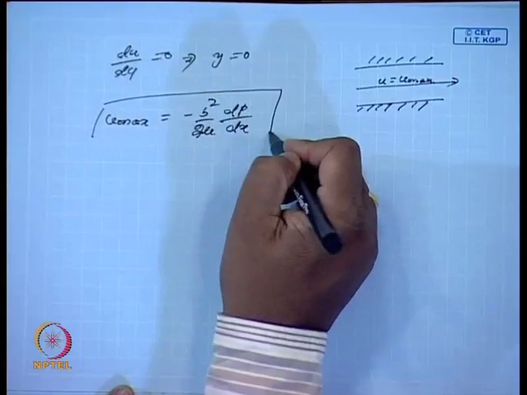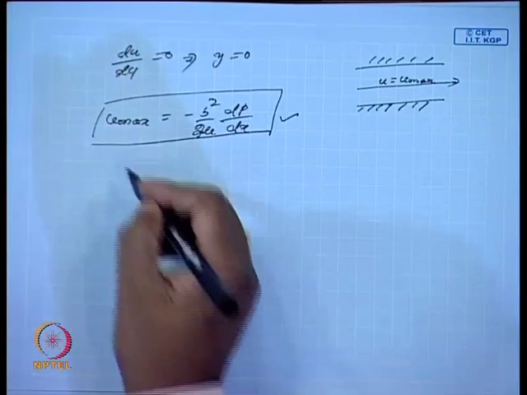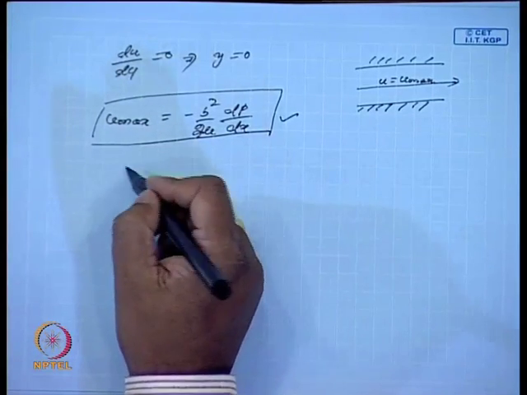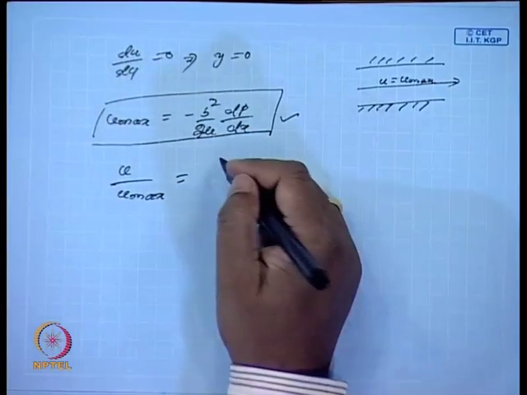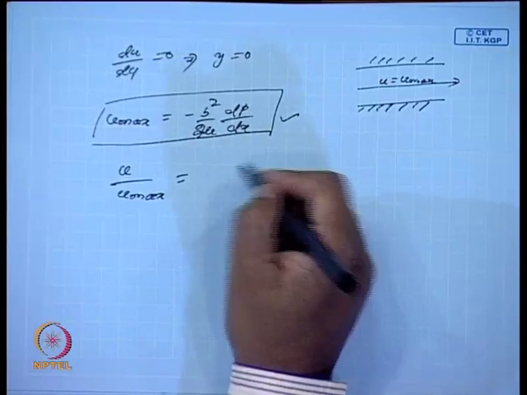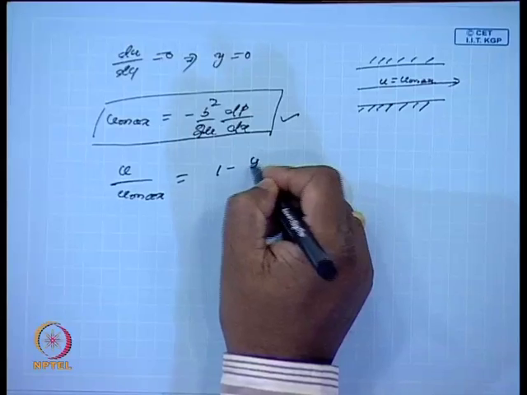The question comes, this becomes the maximum. Speed will be maximum, the positive value has to be taken if you are looking at the speed. And then what will happen to u max? If I substitute, because b square by 2 mu, if I just take it from the original equation of u, then I will get u by u max is equal to 1 minus y square by b square.